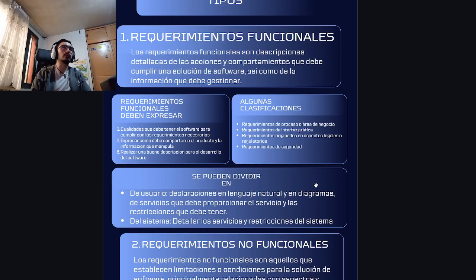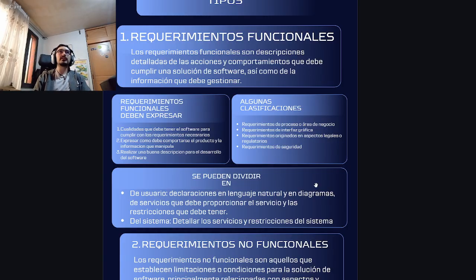For example, the qualities that the software must have to accomplish the necessary requirements. Also, it needs to express how the product should behave with the information that it manages. Also, it should have a good description for the developer of the software.